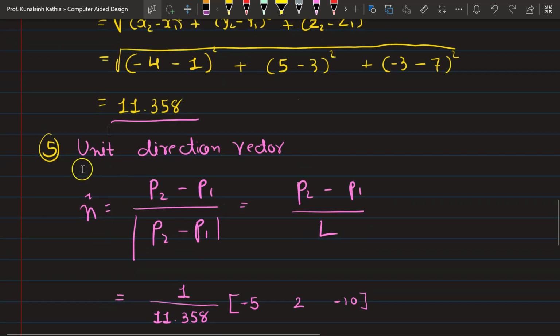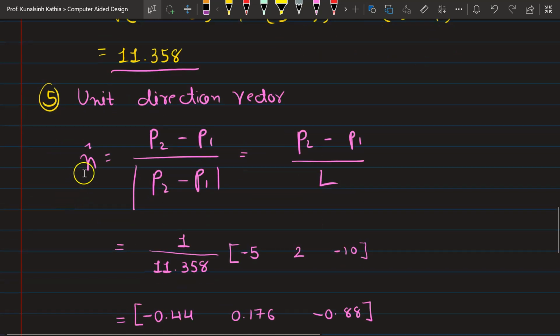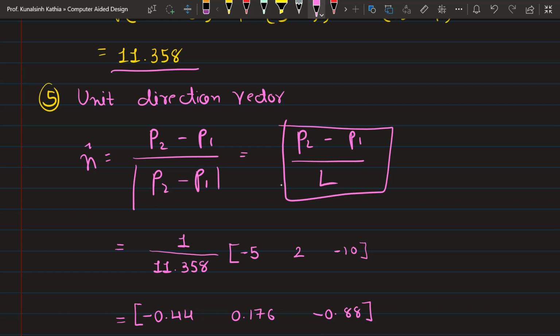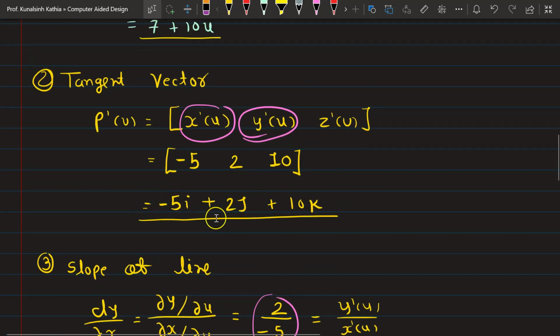Next one, the unit direction vector. The unit direction vector's equation is n caret equal to (p2 minus p1) divided by the modulus of (p2 minus p1). So the final equation, you need to remember, is (p2 minus p1) divided by l. Now p2 minus p1 is nothing else but the tangent vector we got from the parametric equation, right? The tangent vector is here: minus 5, 2 and 10.